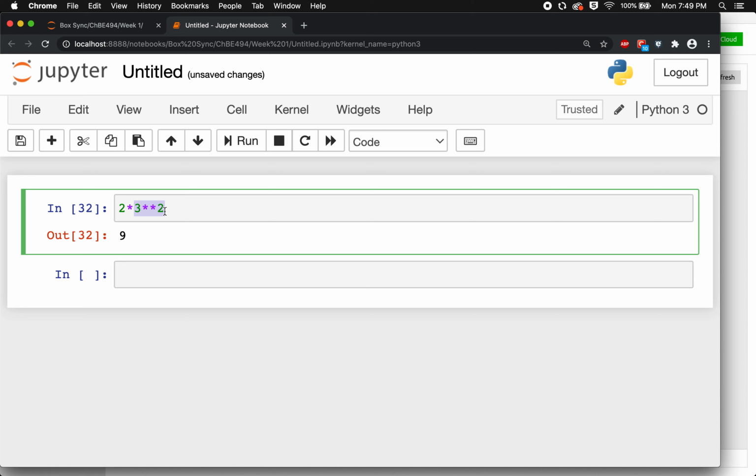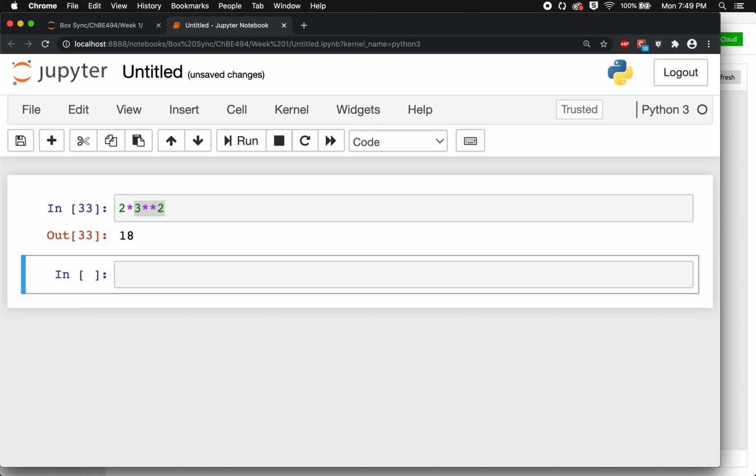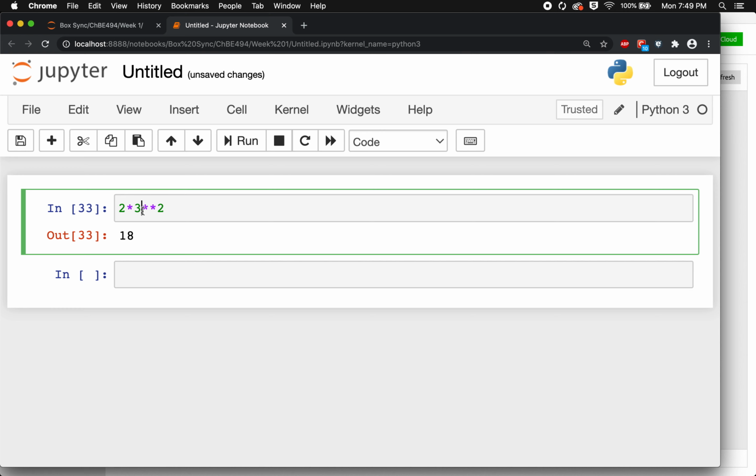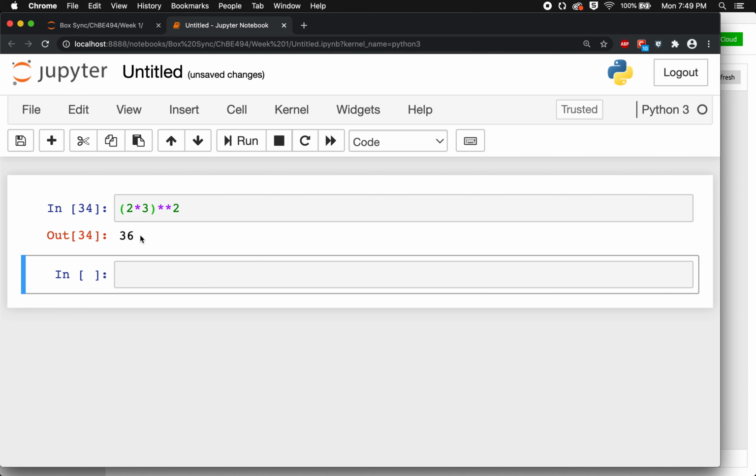So I'm going to do 3 squared, 9, and then multiply by 2, and that's going to give me 18, right? I get 18. And if I wanted to get 6 squared, 36, I'd have to use parentheses, 2 times 3, then take it to the power 2. So I'm going to square it, and I'm going to get 36.